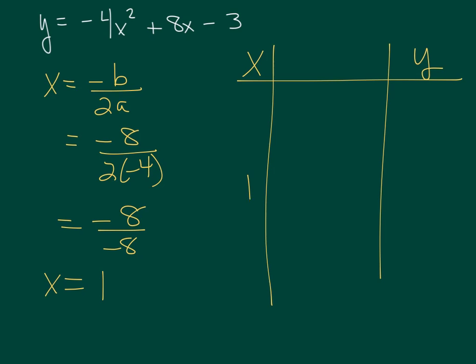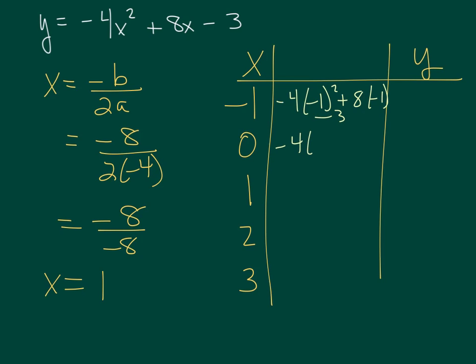So I got a 1, and I'm going to pick 0 and negative 1, and 2 and 3. So again, I'm always picking 2 that are less than, 2 that are greater than. So I'm going to plug these in. It's not so bad. So negative 4 times negative 1 squared plus 8 times negative 1 minus 3. I'm going to do all my math. Negative 4 times 0 squared plus 8 times 0 minus 3. Negative 4 times 1 squared plus 8 times 1 minus 3.